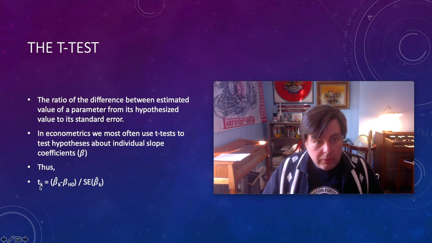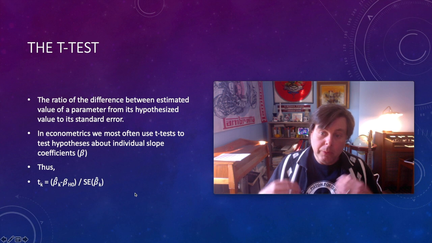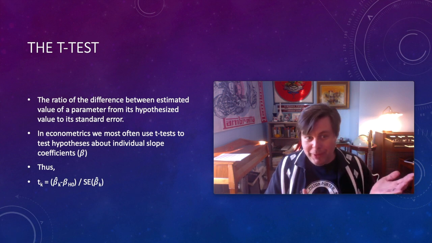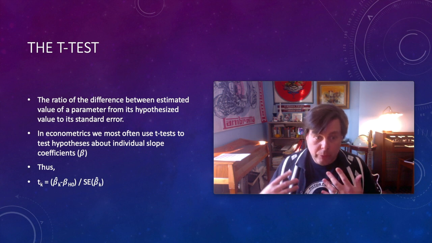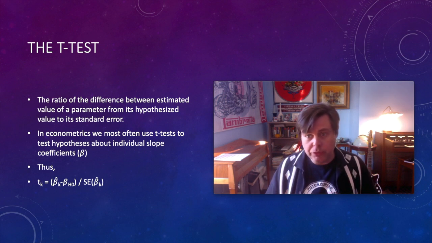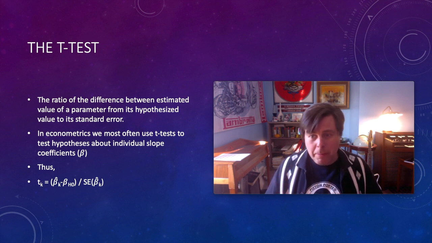This is the T. So we've written this as betas, right? Because in econometrics, we most often use T-tests to test hypotheses about individual slope coefficients, so we're looking into really the meaningfulness of these slope coefficients.